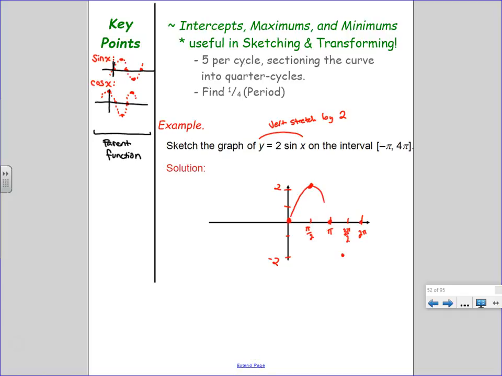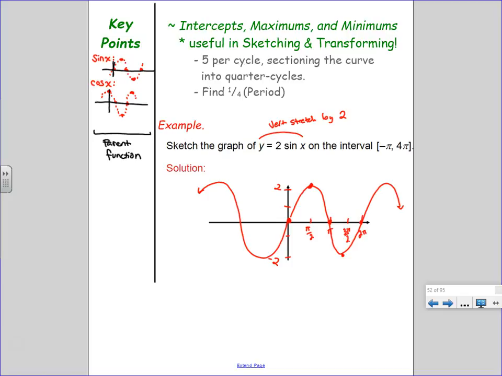Now, do you see how I was able to use just these 5 points to go ahead and get my sine curve? And can't I keep going approximately with what it's going to look like? That makes sense. I only needed 5 points. Now I could have gone to all the different pi over 6 and pi over 4, pi over 3, and had to get decimals and approximate, but I really just needed, what points did I choose?